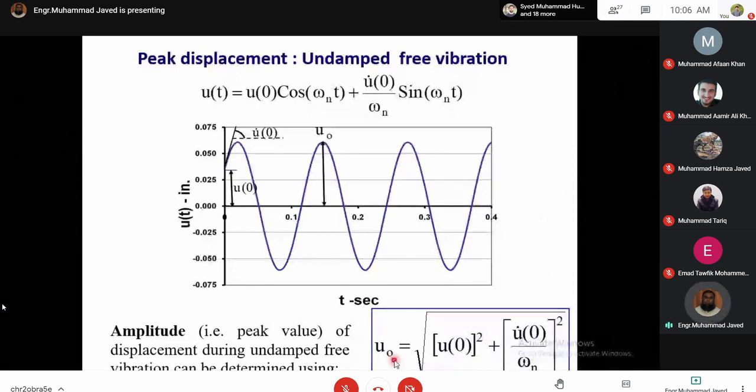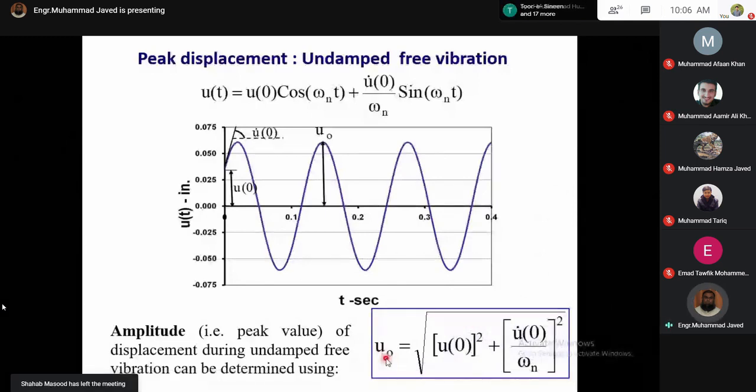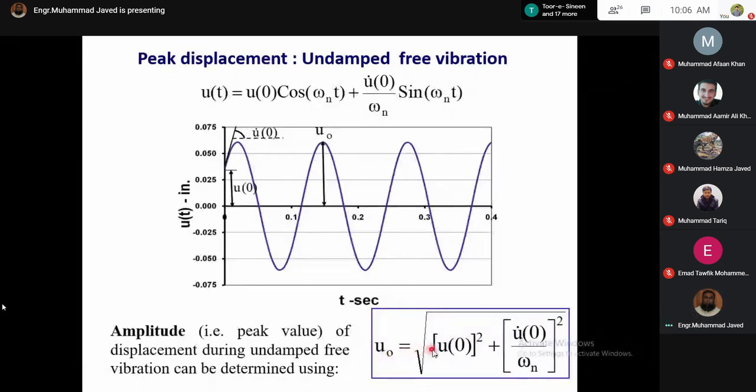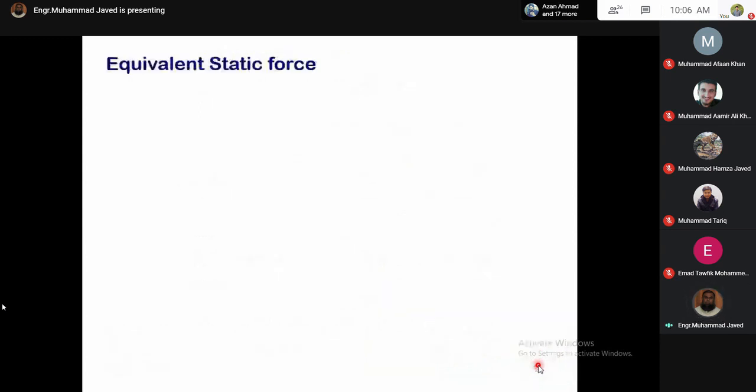And this u naught is the peak amplitude of dynamic displacement in an undamped system subjected to free vibration, and this is square root of u of 0 square plus u dot of 0 divided by omega n, whole square. U of 0 is the displacement at the start of free vibration, u dot of 0 is the velocity at the start of free vibration, and omega n is the natural frequency of the system.